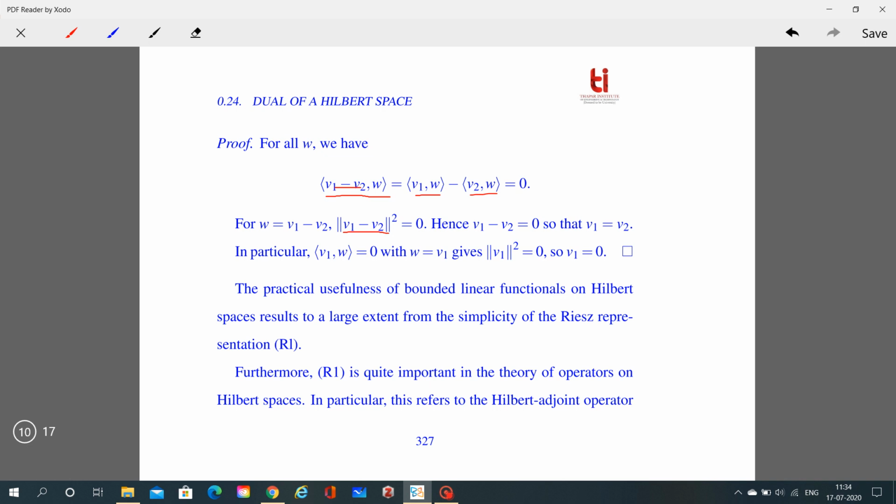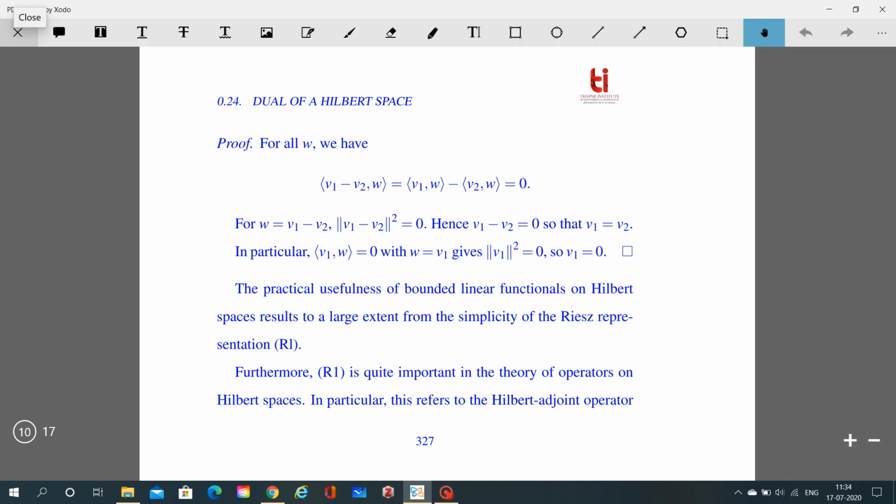The practical use of bounded linear functionals on a Hilbert space results to a large extent from the simplicity of this representation result that we have discussed: f of x can be represented as the inner product of x comma z.